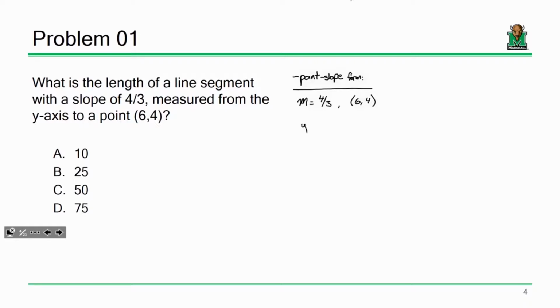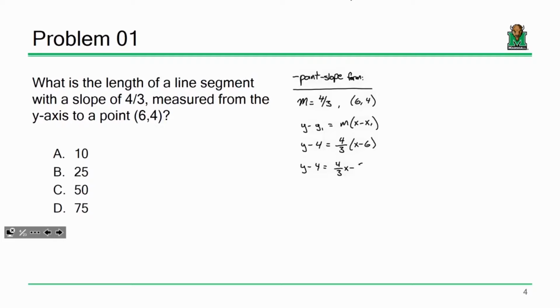So what do we have? y minus y1 equals m times x minus x1. So that is y minus 4 equals 4/3 times x minus 6. So y minus 4 equals 4/3 x minus, and what's 4/3 times 6? 8.